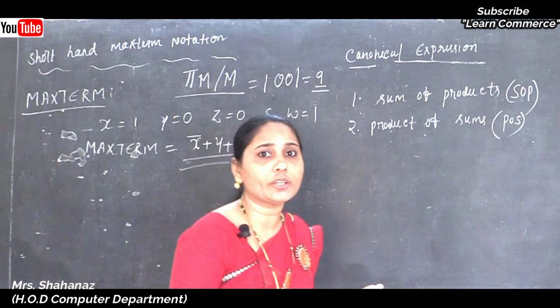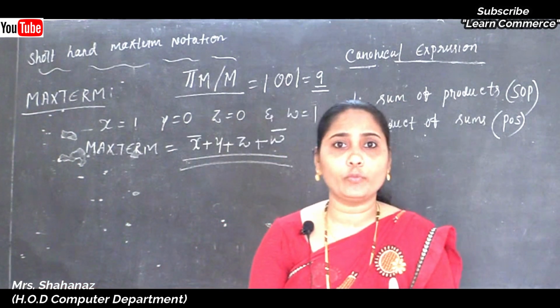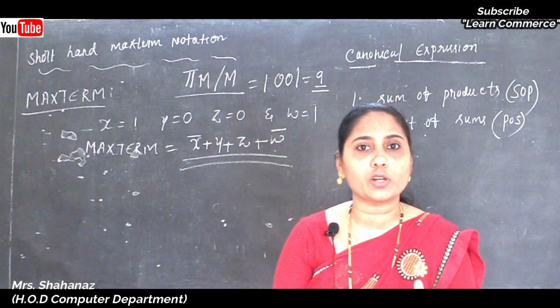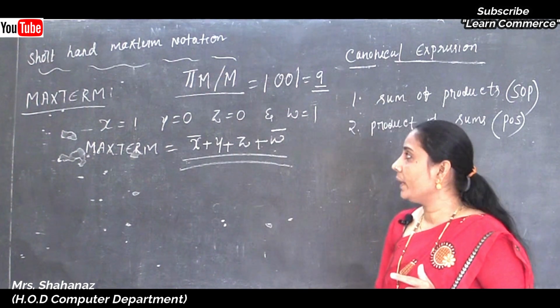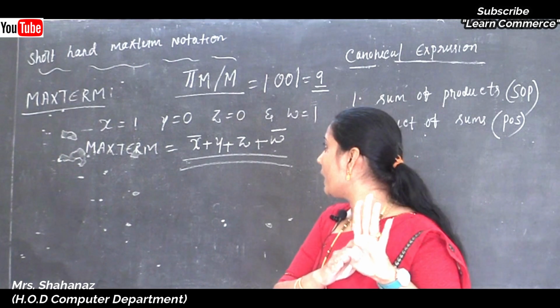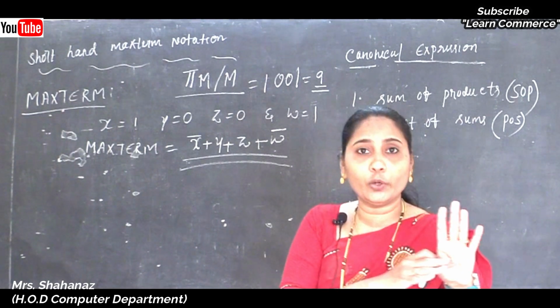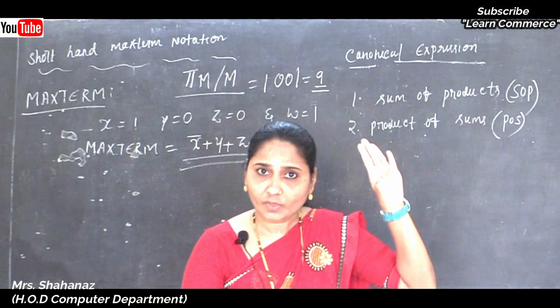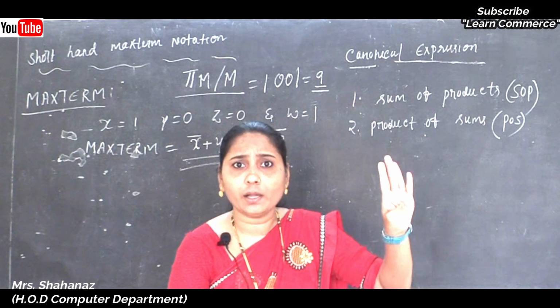So we know how to find the value, whether the result is true or false here. It depends on the variables. The number of variables is equal to 4. The variable names are x, y, z, w. So there are 4 variables here.